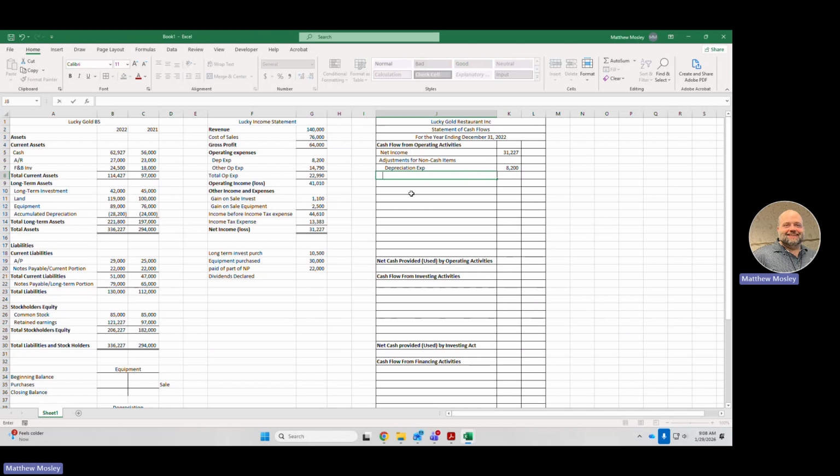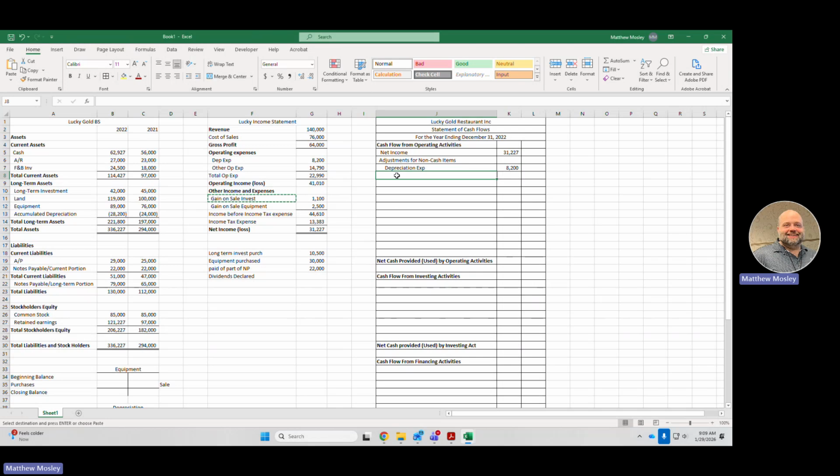And then we had some other non-cash items. Well, we had two gains. If we take a look, it told us that we gained some stuff, and we can see it right here too, that we gained on long-term investments and on equipment.